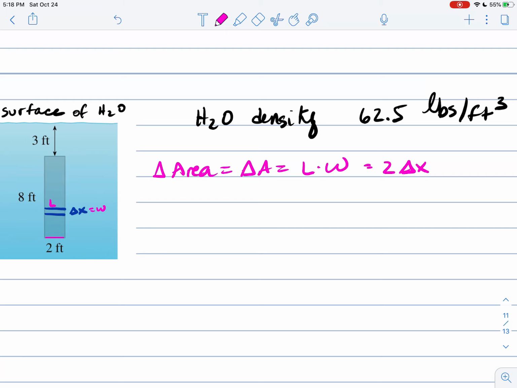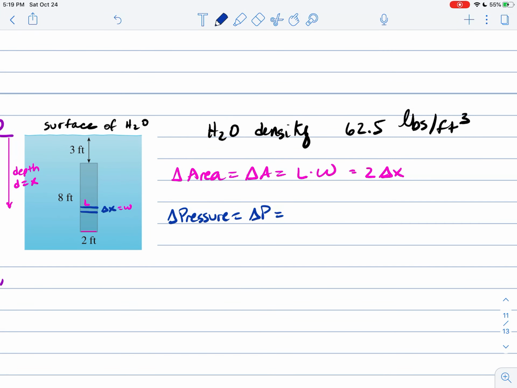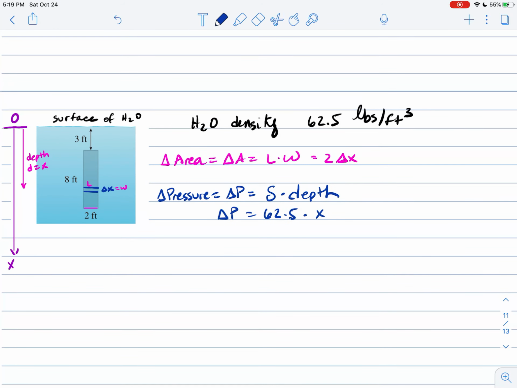So my delta area is going to be 2 times delta X. Next, I have to build my delta pressure, delta P. Since we are in US units, it's just going to be the density times the depth, so that's going to be 62.5 times X, because we determined that the depth of my slice from the 0 is just X.